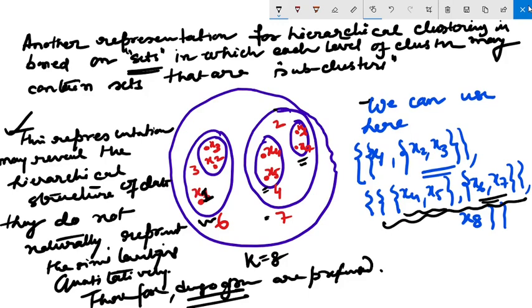That means how similar are two clusters: how much similar is x1 when merged with the result of x2 and x3? So representation wise, dendrograms are preferred.